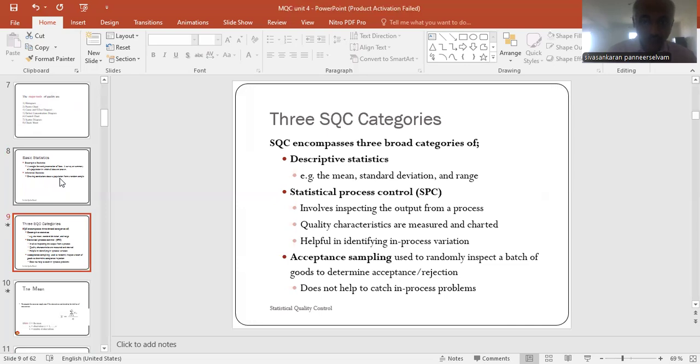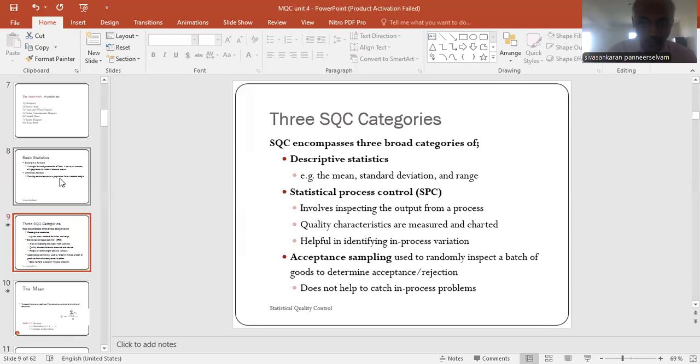These are the three broad categories in statistical quality control. The descriptive statistics strongly relies on the basic principles of mean, median, mode, standard deviation, and variance. Next, statistical process control tells about the final output or final state of the product by inspecting each and every product individually.